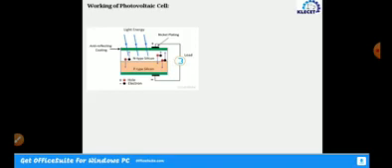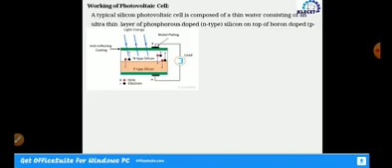That anti-reflective layer is deposited by the plasma enhanced chemical vapor deposition technique. Below that we have an n-type silicon, formed by slightly doping with phosphorus, and below that a p-type silicon that is slightly doped with boron.